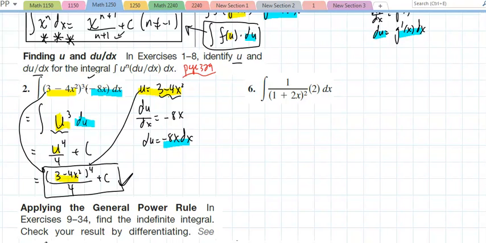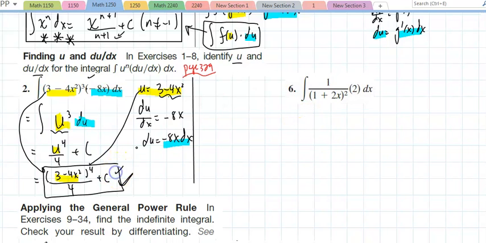And I'm going to show you that. Of course, we're not going to do that in every problem, but I just want to show you really quick that this does work. So if I take this answer here and take a derivative of that, the derivative of 3 minus 4x squared to the 4th over 4 plus c, what should I get? I should get this, the whole thing.